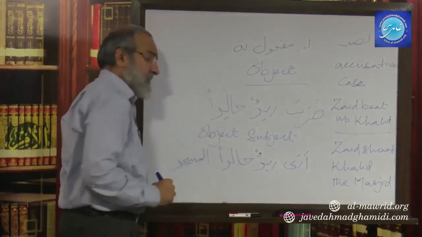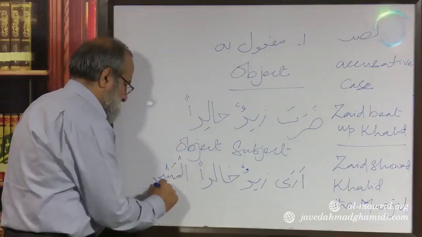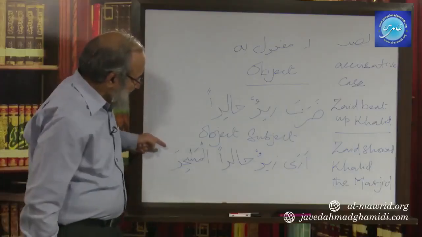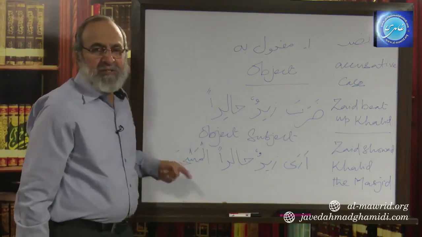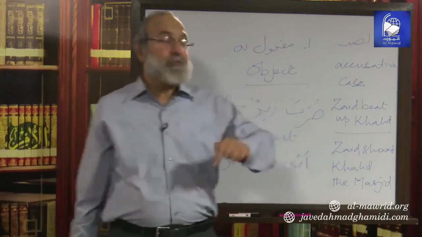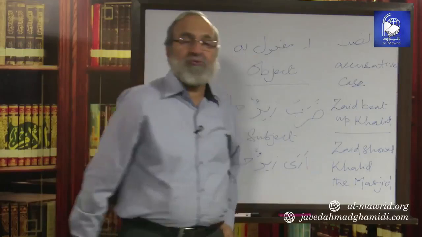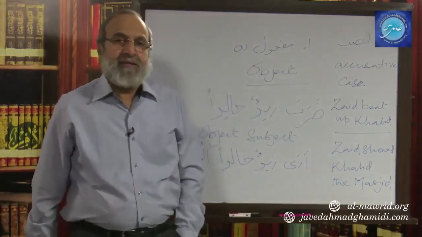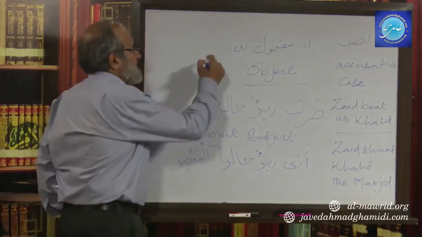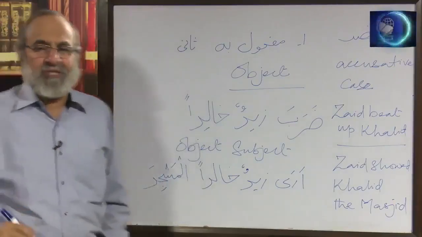That is the object. What? Al-Masjida. Masjid. So what I'm trying to show is that masjid, which is the second of the two objects in the sentence, is also going to take maf'ul, is also going to take nasab, the accusative case. This again is maf'ul bihi. It is called maf'ul bihi thani, the second object.